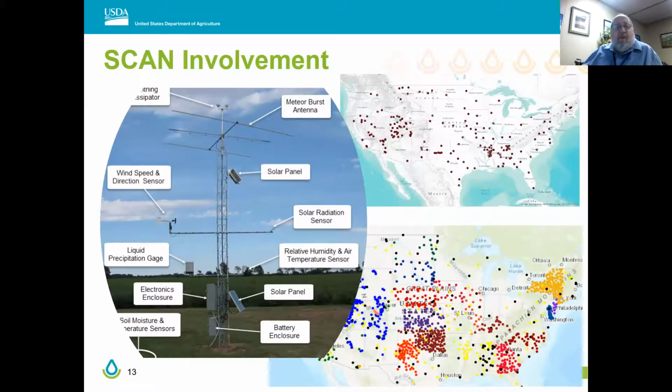There's also a huge mesonet of other climate stations that have soil moisture and temperature information on them. There's also a network of soil scientists out there. So here's a marriage that's just looking to happen, and the Soil and Plant Science Division will be taking a more active role in the maintenance of SCAN sites, the siting of SCAN sites, and in the data quality of the information that comes from them.